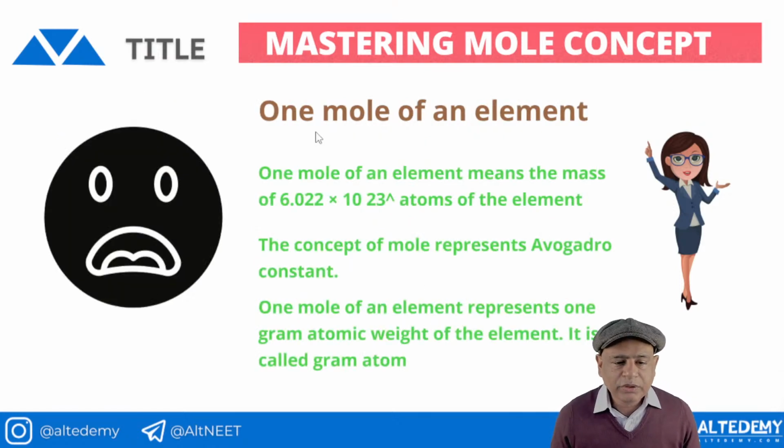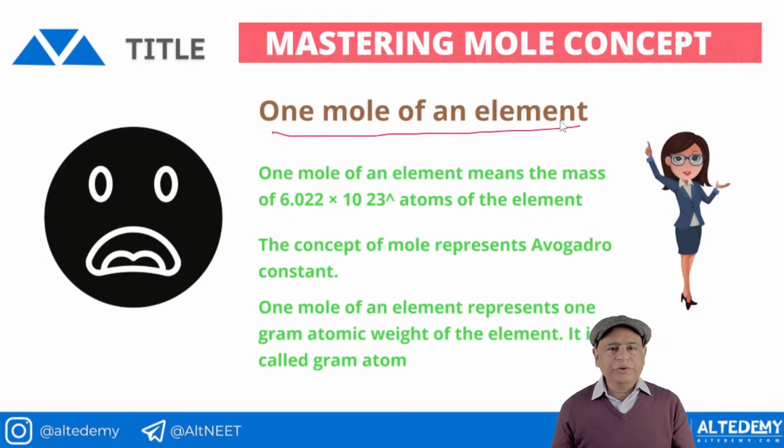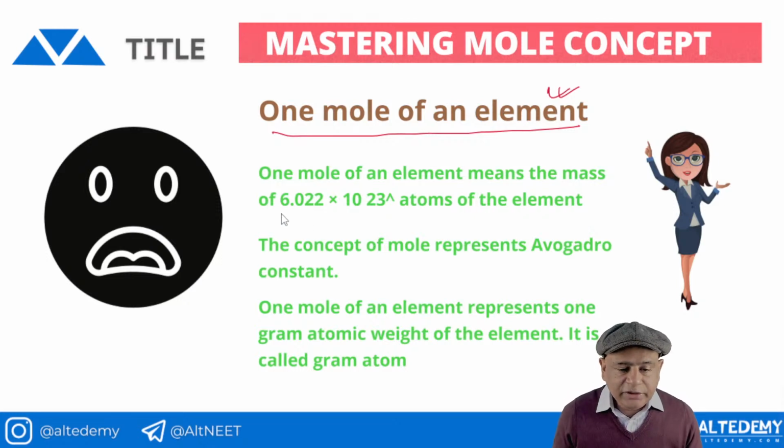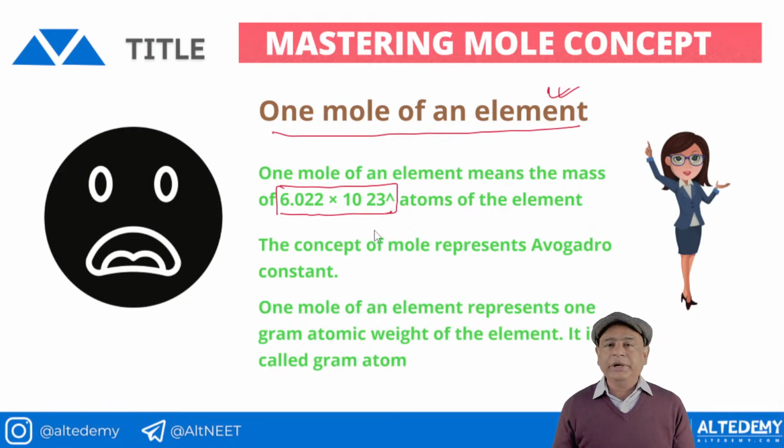Look, 1 mole of an element. Suppose we are taking up an element and we are saying 1 mole of an element. The first thing that we say is that 1 mole of an element has got 6.022 into 10 to the power 23. At some places we write 6.023.